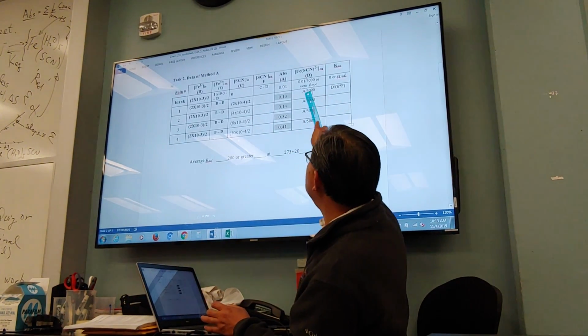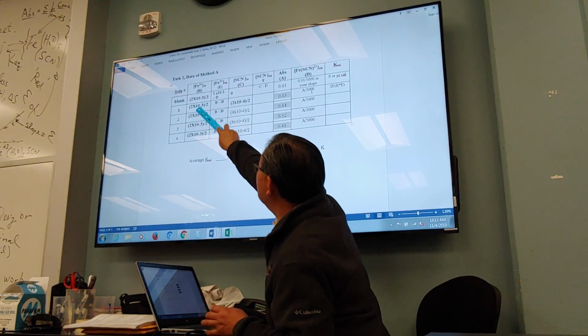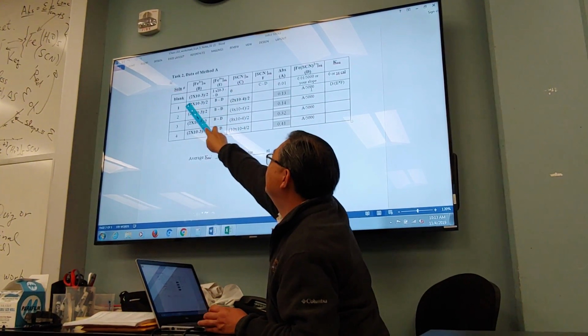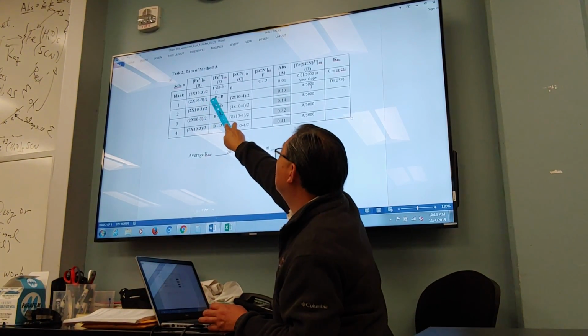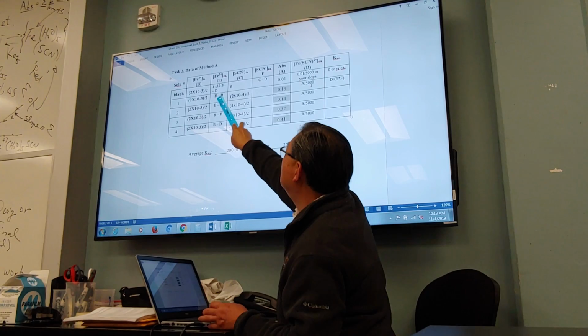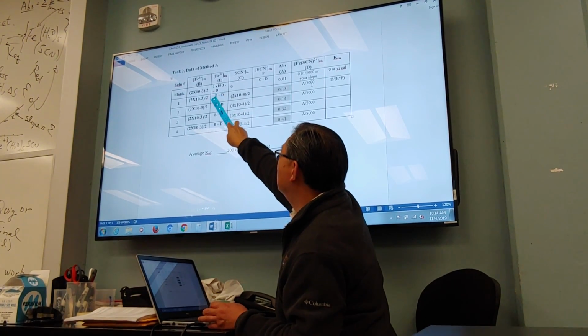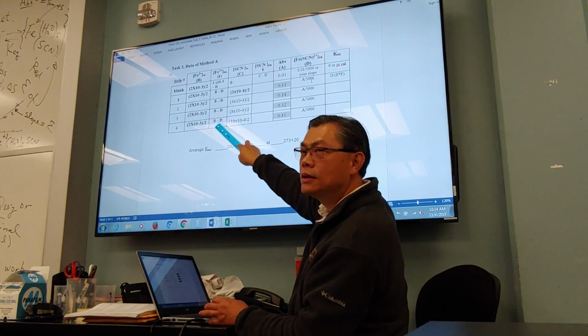And if B is pretty small, 1 times 10 to the minus third, that is pretty small. And hopefully, subtract your D is smaller than B, then you are in business.